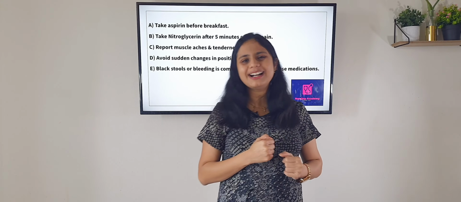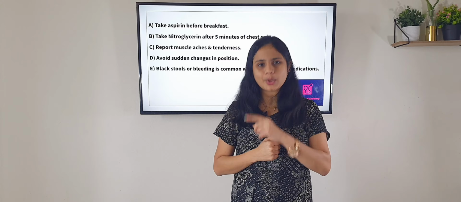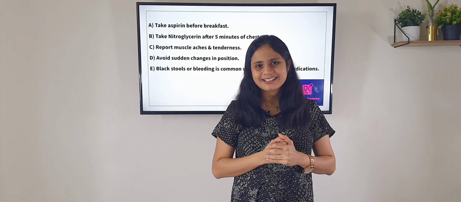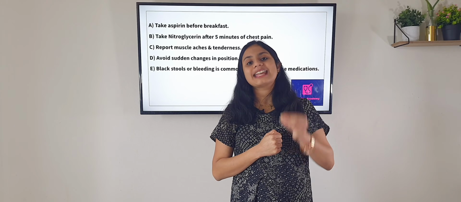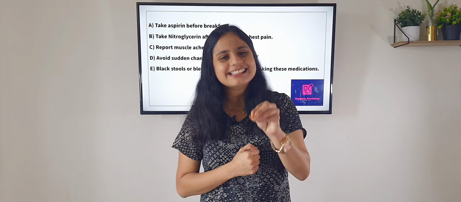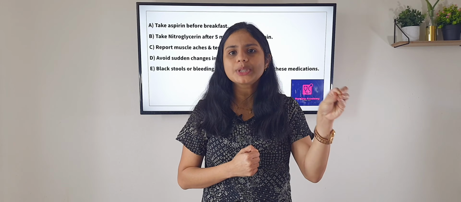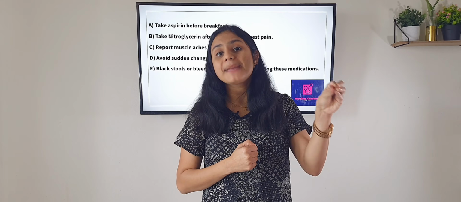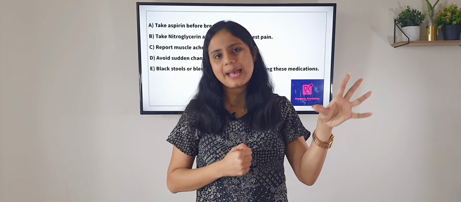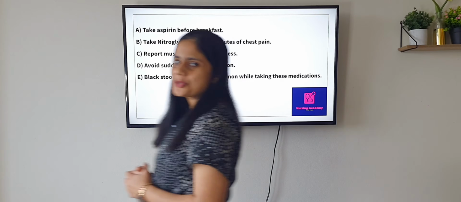You might have heard this terminology, rhabdomyolysis. What is that? It's quite simple: a damaged muscle is releasing electrolytes and proteins into the blood, causing major organ damage.